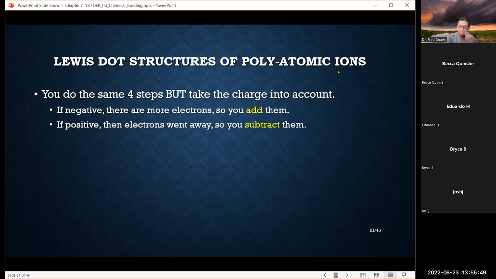For example, we just did ammonia, and we're going to learn about this when we talk about acids and bases. The fact that it had a lone pair means it can bind with a hydrogen that's roaming around. The result is that we end up with a positive charge. This is the ammonium ion.